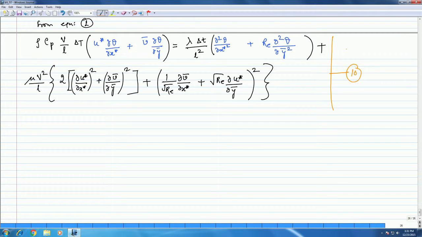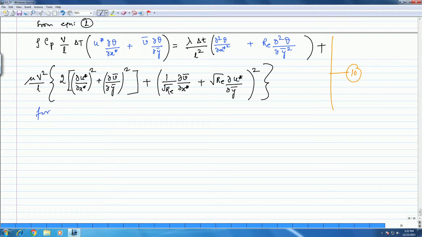Now, since we said this is going to be at high Reynolds number, so that we have the boundary layer behavior, so that we are able to see boundary layer behavior, we're going to take this for the limit.